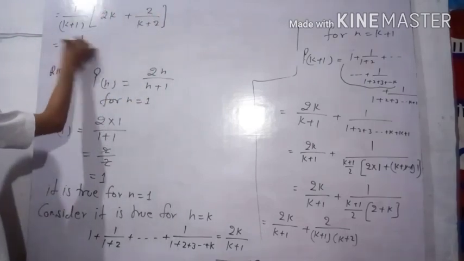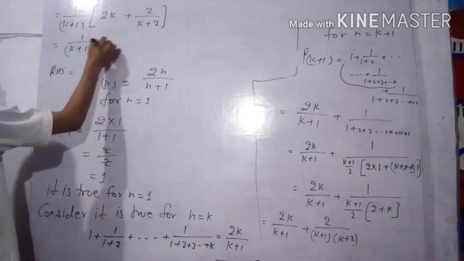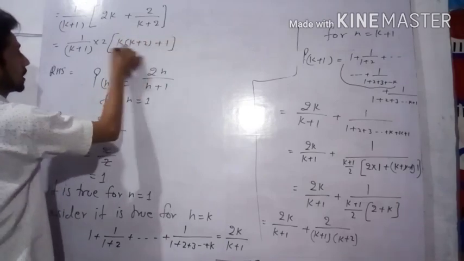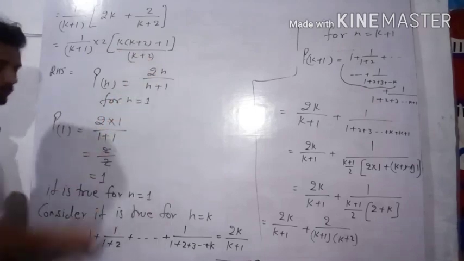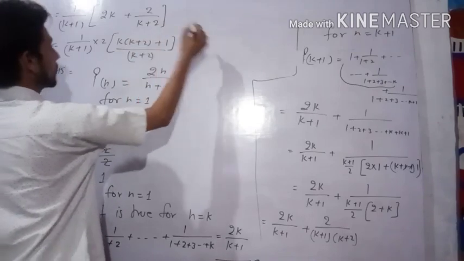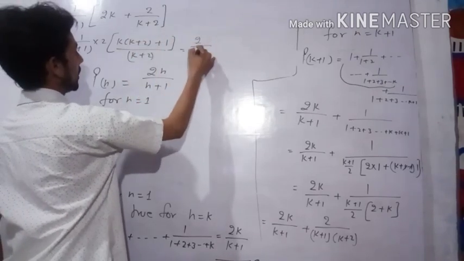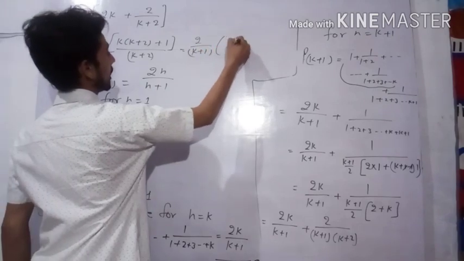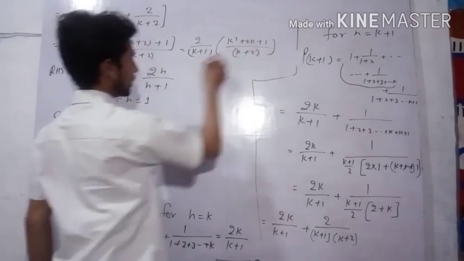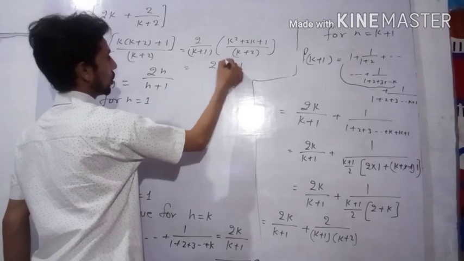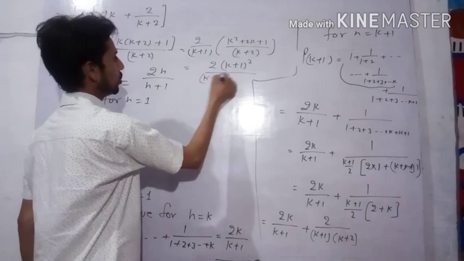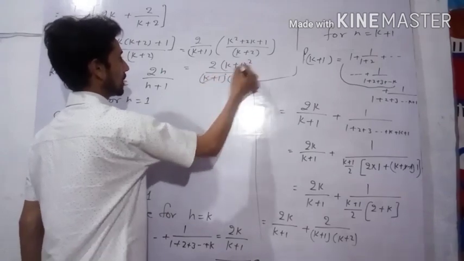So take LCM, and 2 is also common: 2 times (k(k+2) + 1)/(k+2). So now k squared plus 2k plus 1, that is (k+1) squared, over (k+1)(k+2). So one factor of k plus 1 is cancelled.